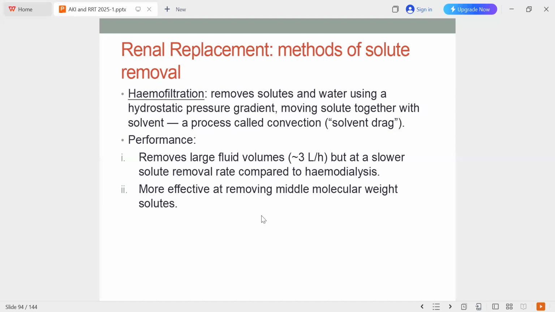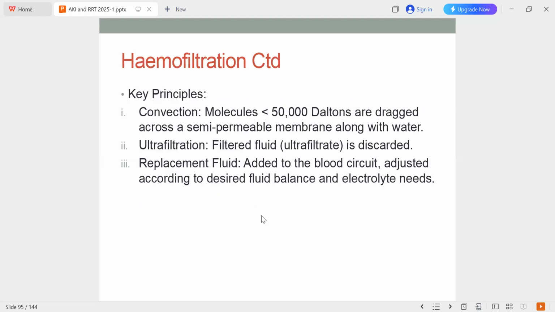This removes large fluid volumes, about 3 liters per hour, but at a slower solute removal rate compared to hemodialysis. It is more efficient at removing middle molecular weight solutes, unlike hemodialysis that removes smaller molecular weight solutes.